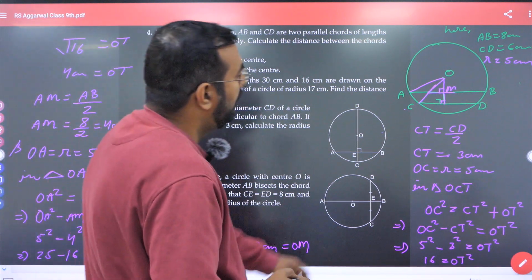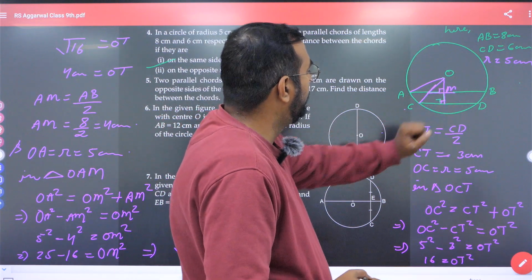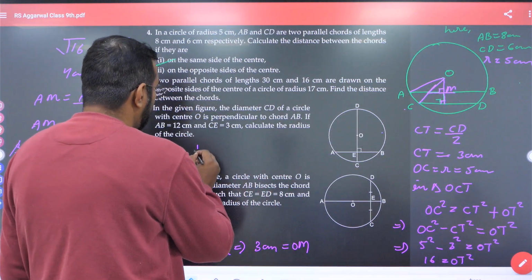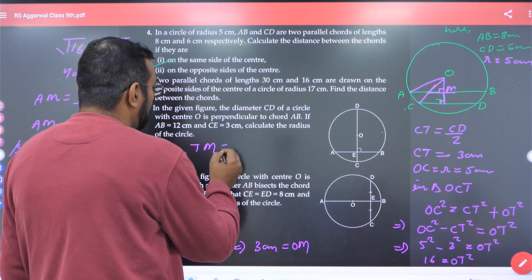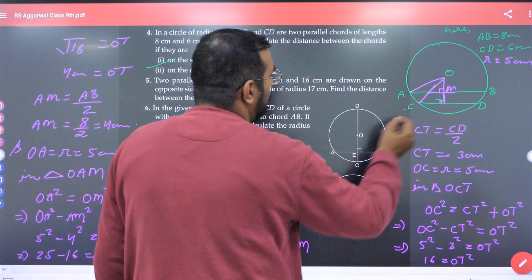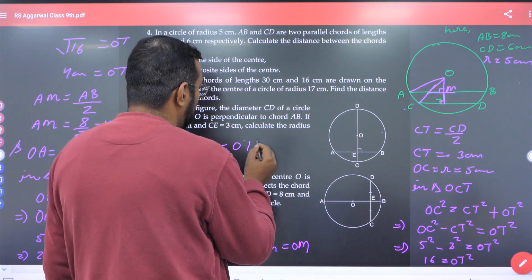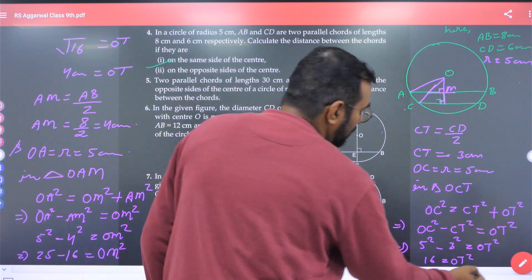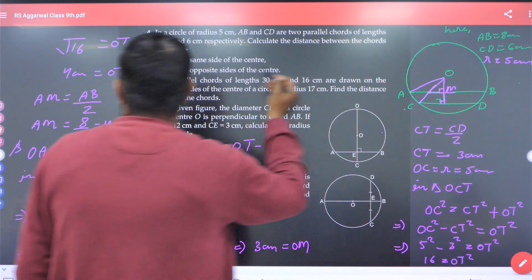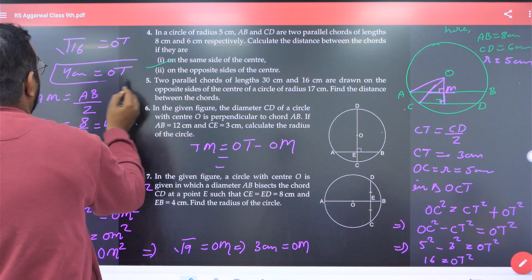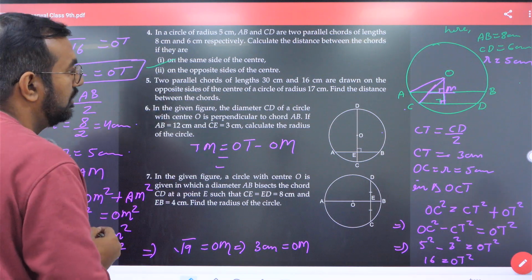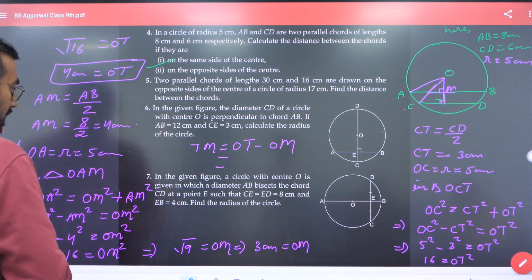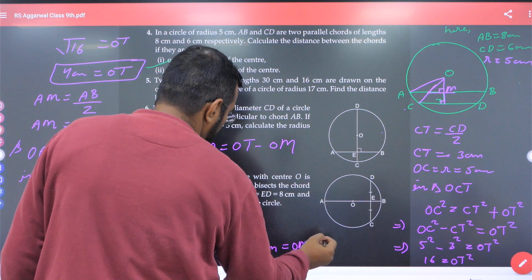Now we need to find TM. So TM is equal to, we can write OT minus OM, and we can see that OT is 4 centimeter, right? And OM is 3 centimeter.